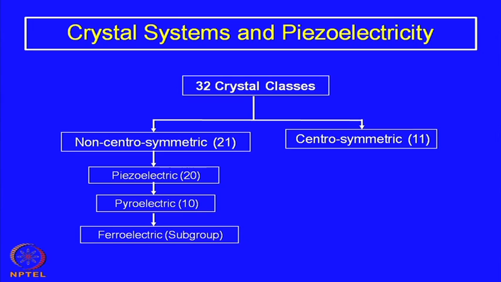Out of the 20 classes of piezoelectric material, 10 are pyroelectric, okay. And out of these 10, some are ferroelectric. The exact number cannot be identified very clearly, but some are ferroelectric.